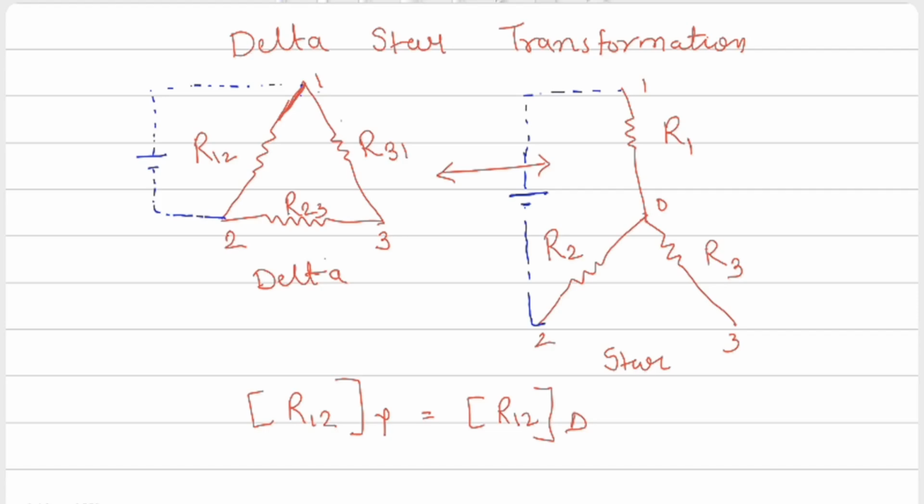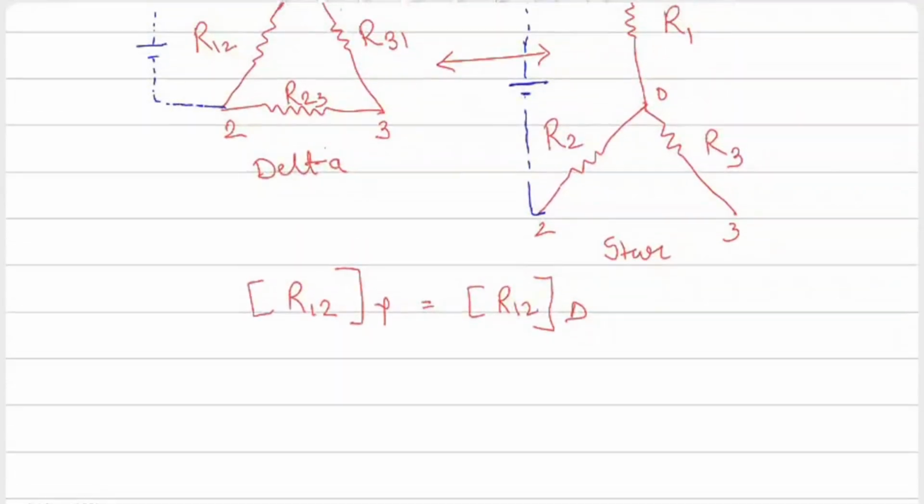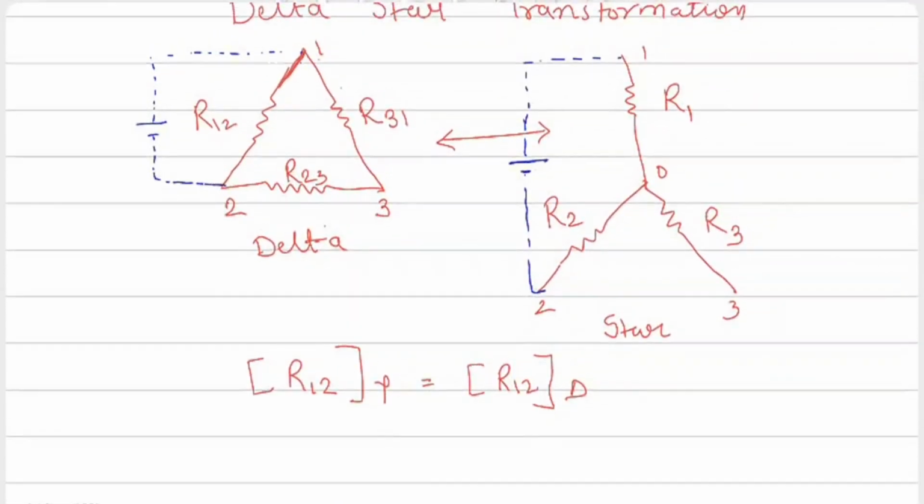Now you can see this. Since there is a battery connected, there are two paths. One is this and the other is this. At this point the current is divided.